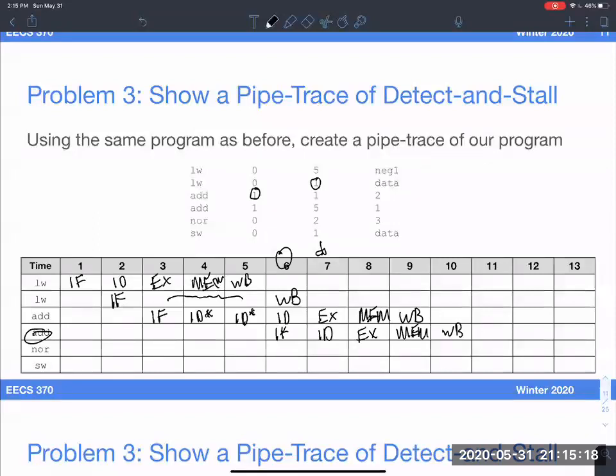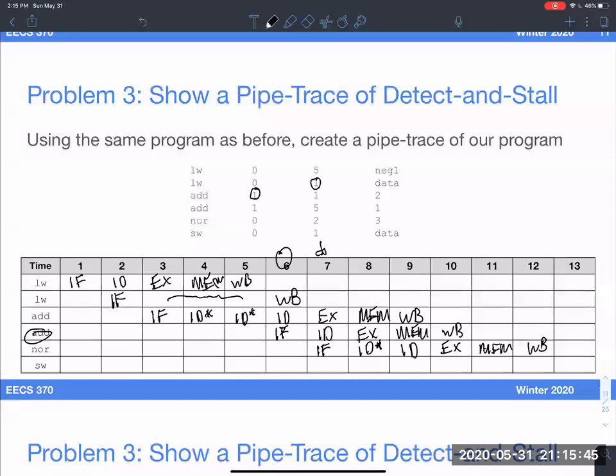And then for our NOR, the one thing to remember is our NOR was still dependent on register 2, and we didn't add any no-ops. So we have to stall for one stage. So we have our IF, our ID star, and then our ID, EX, mem, write back.